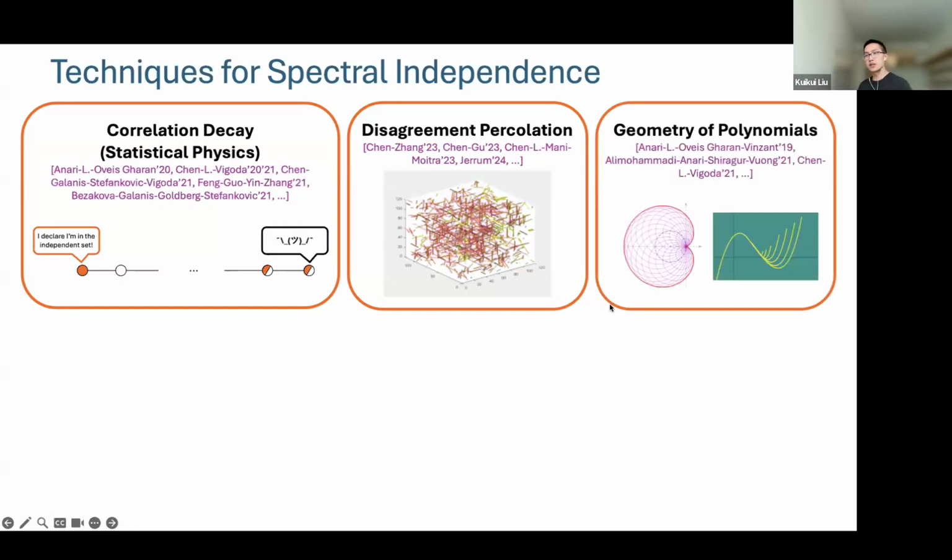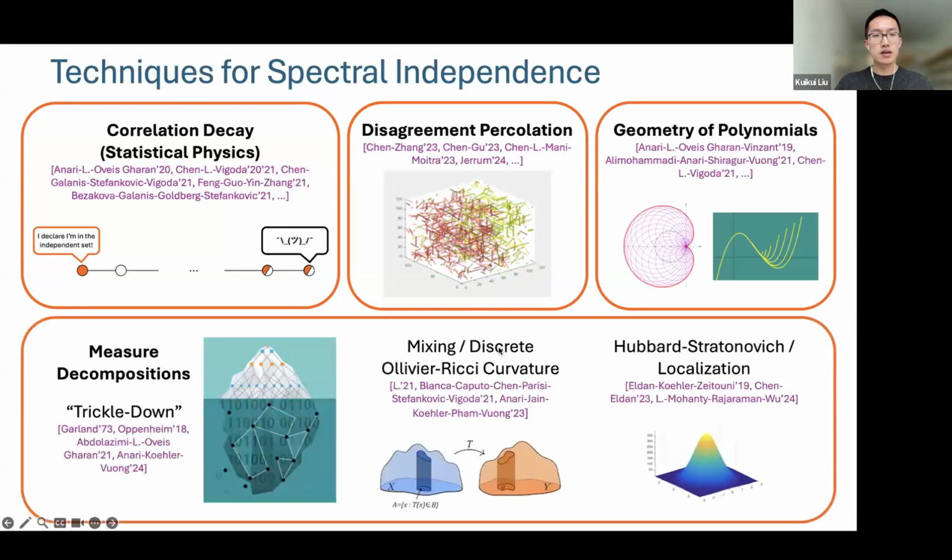A third class of techniques is based on the geometry of polynomials and their analytic properties, like the locations of their zeros and so on. And the fourth and final class of methods come from measure decompositions. These include techniques such as the famous trickle-down method from the theory of high-dimensional expanders, but also include methods based on, for instance, coupling Markov chains, and also certain discrete to continuous principles.